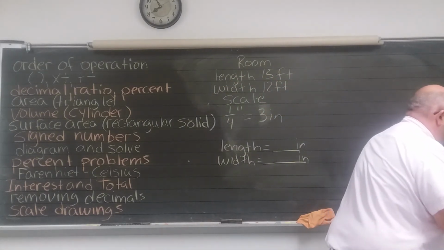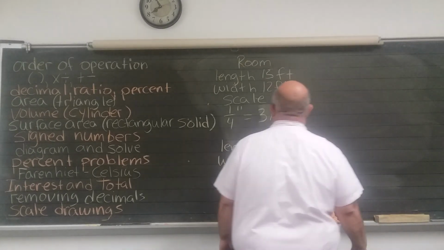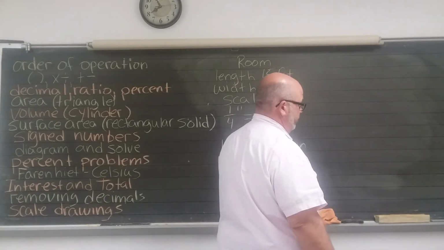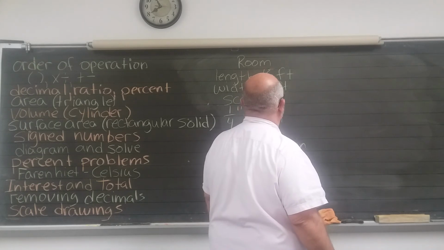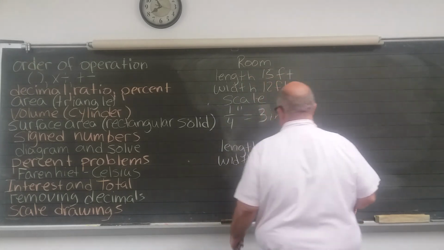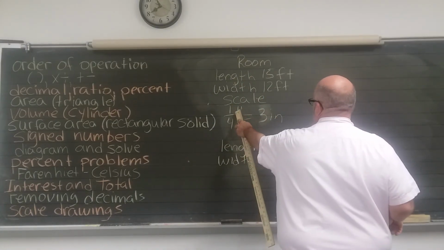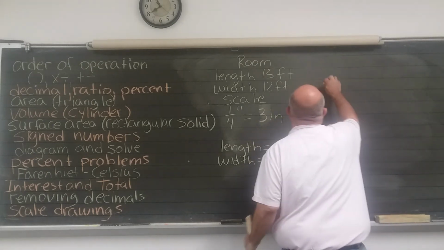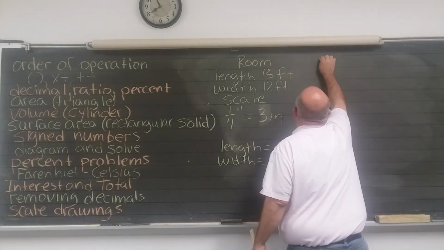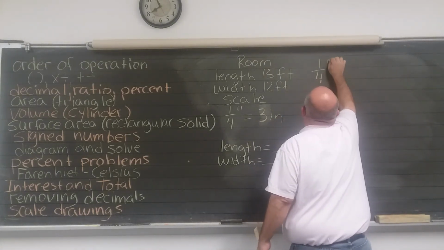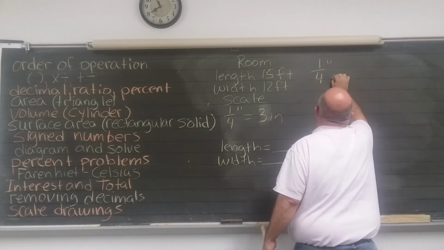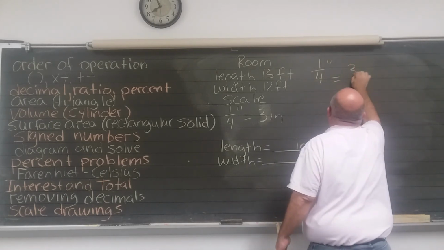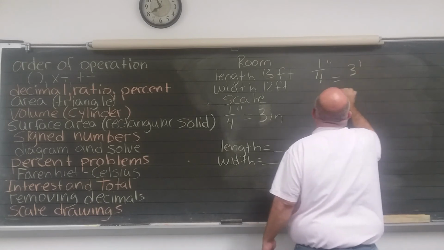Now you have to do 2 different problems. You have to do one for the width and one for the length. We're just going to do the one for the length, and then we'll talk about how you get the one for the width. So you have the scale, 1/4 inch equals 3 inches. You put those across from each other. 1/4 inch equals 3 feet, right?